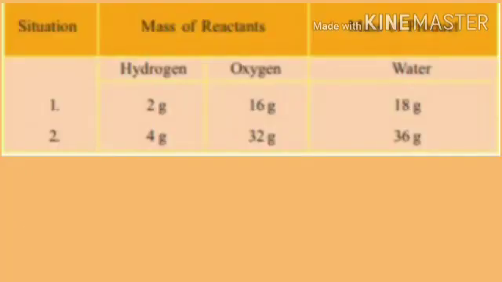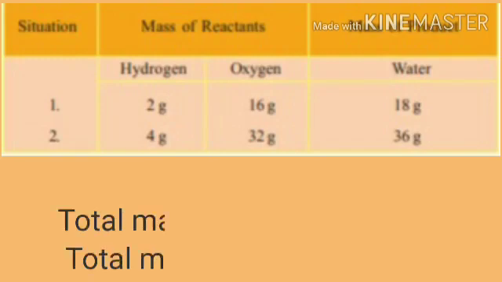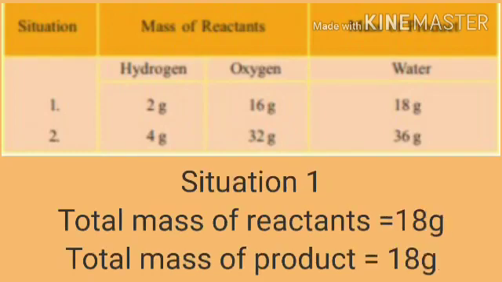Given another table showing the mass of reactants and the products when hydrogen combines with oxygen to form water in two situations. From this table it is clear that in situation 1, the total mass of reactants and product is equal to 18 gram.